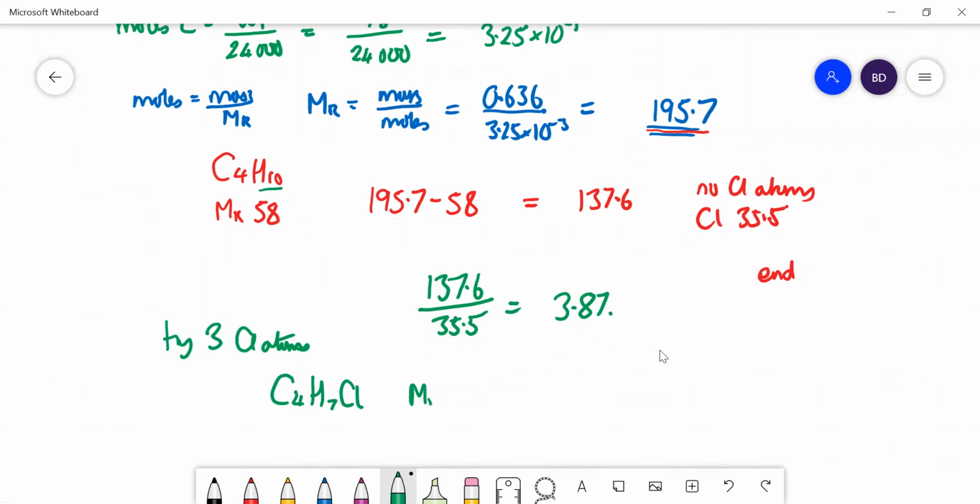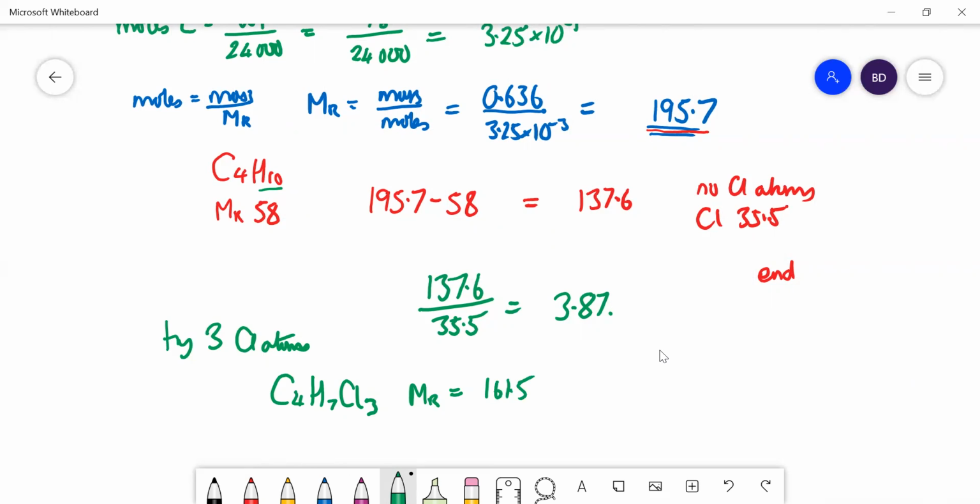Well, the MR of that is equal to 48 for the carbons plus 7. Sorry, that should be a 3 there. Right, that's 161. So that's too small.